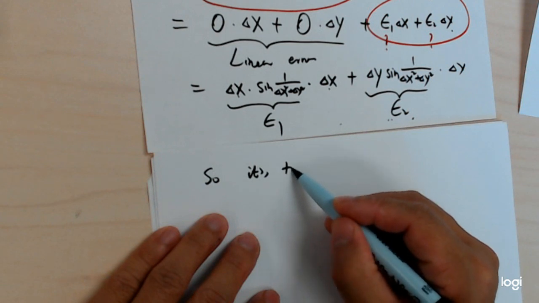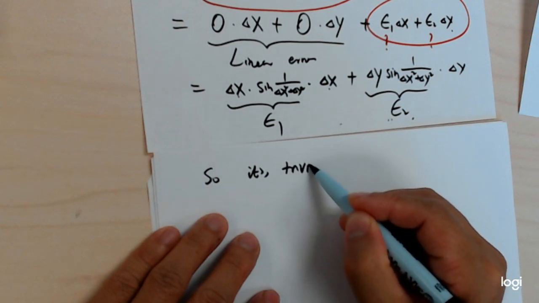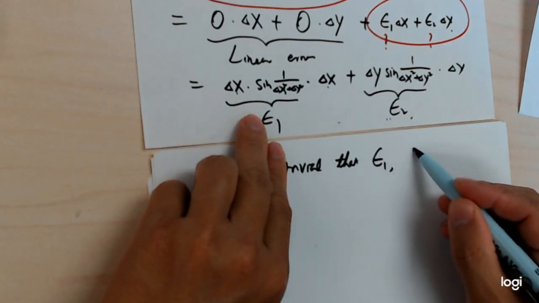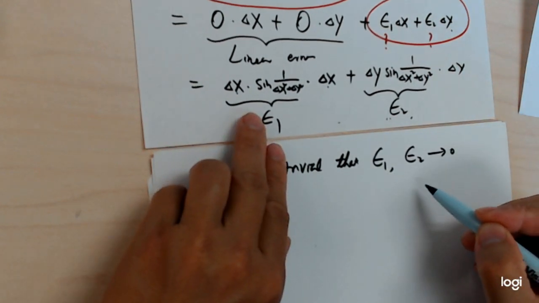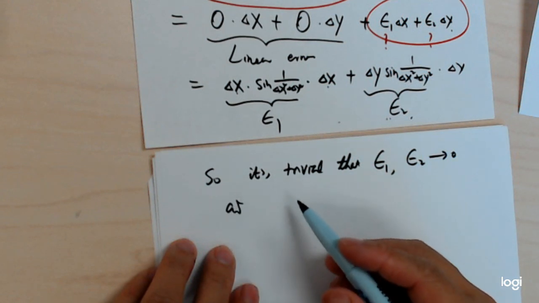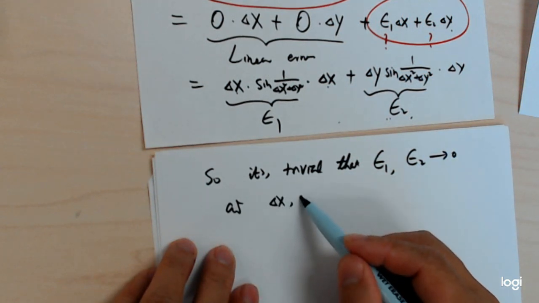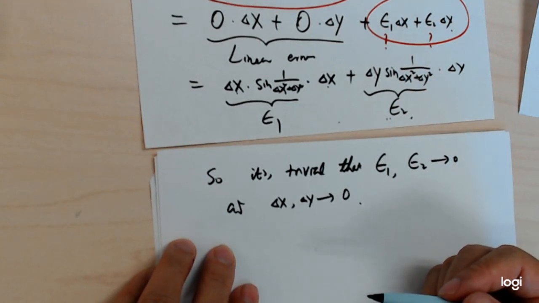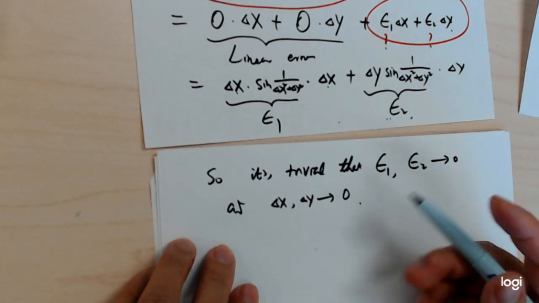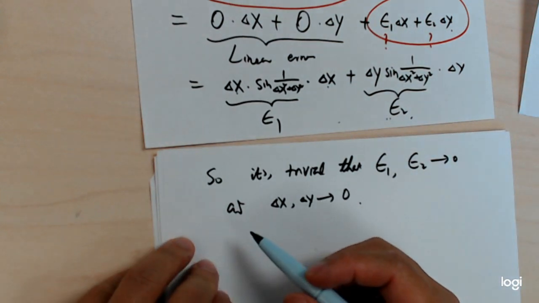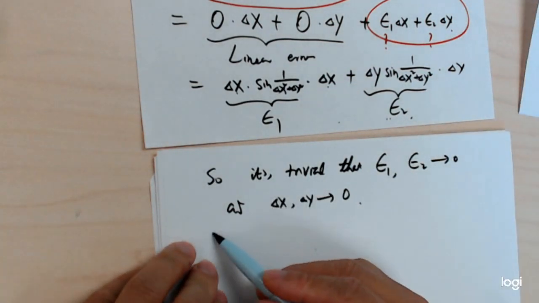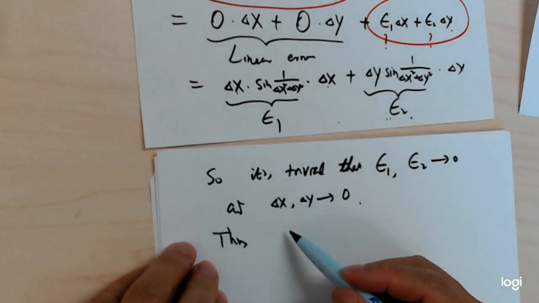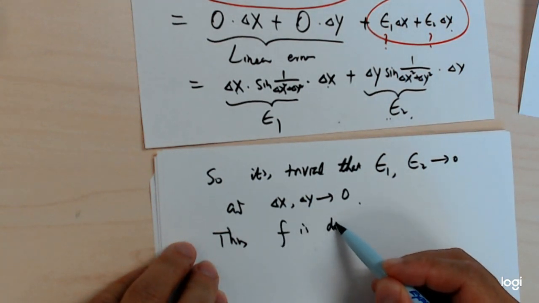And then it becomes trivial that epsilon 1 and epsilon 2 both go to 0 as delta x, delta y go to 0. So think about that. And that's how we come up with the conclusion that f will be differentiable.